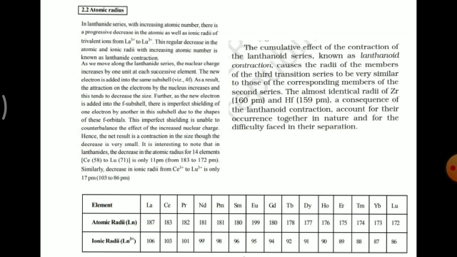Because of this slight variation in their properties, they can be separated by ion exchange method. So these are the consequences of lanthanide contraction. It is very important. Definition of lanthanide contraction, causes and consequences of lanthanide contraction, very important.